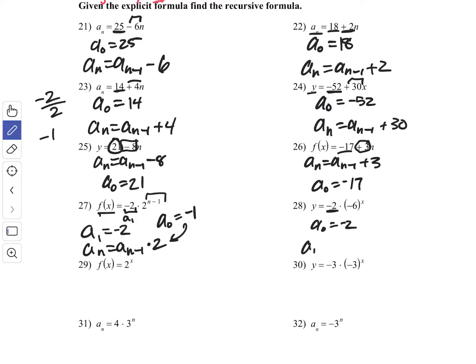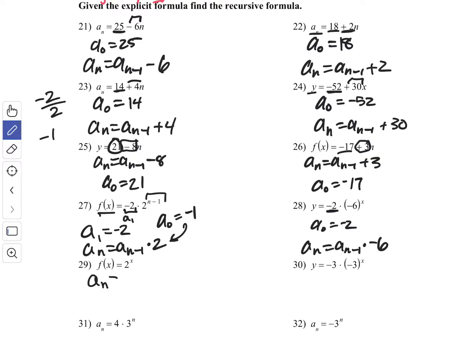Okay, 28, start is negative 2. My growth is timesing by negative 6. Not negative 6 to the x. Again, we don't include that variable. We just need the growth there, whether it's a constant ratio or common difference.